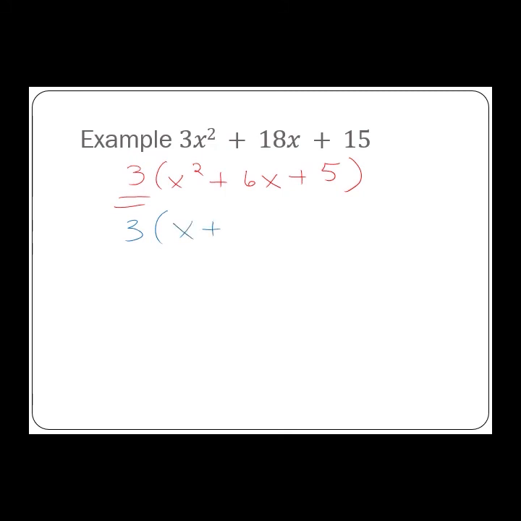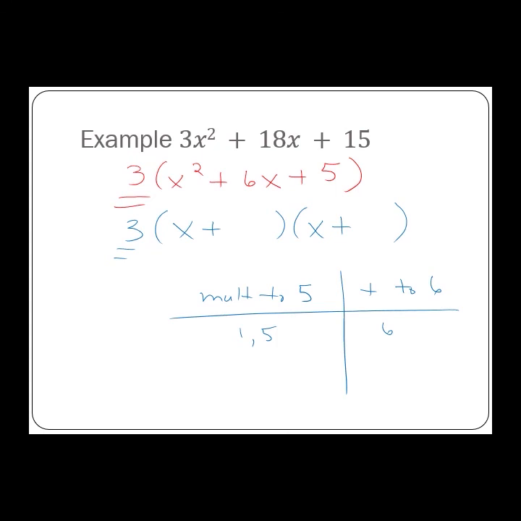That means both factors I'm looking for are positive. Keep the 3 out in front. I am looking for things that multiply to 5 and add to 6. 1 and 5 are the only way I'm multiplying to get 5, and thankfully they add to get 6. So 3 in front times x plus 1 times x plus 5.